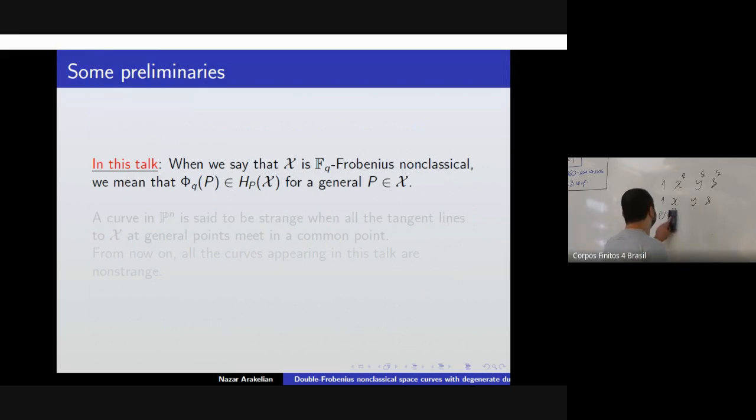These are the Hasse derivatives. So the curve is called F_q Frobenius non-classical if this is vanishing on the function field of the curve. Otherwise, it is Frobenius classical.